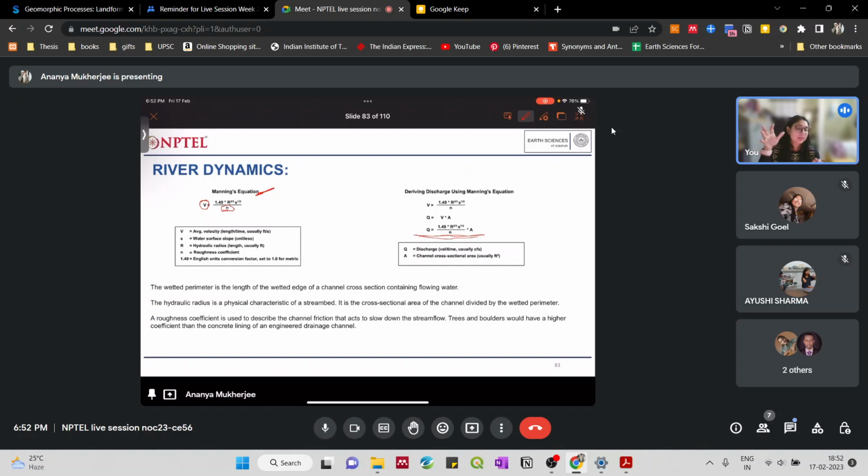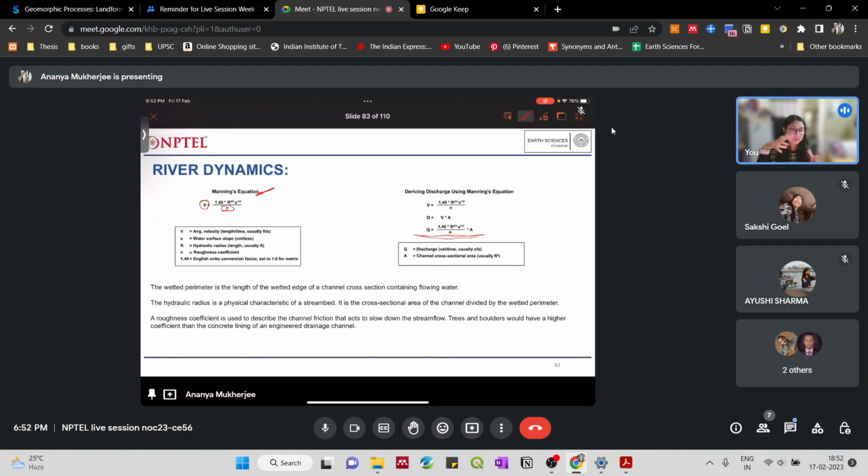The hydraulic radius depends on the cross sectional area and the wetted perimeter of the channel. If the hydraulic radius is more, your velocity is more.